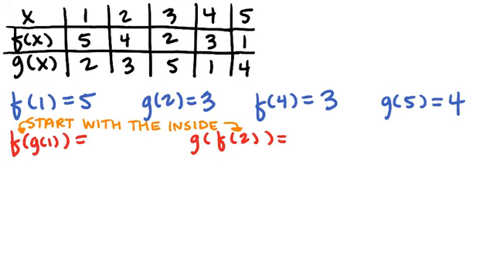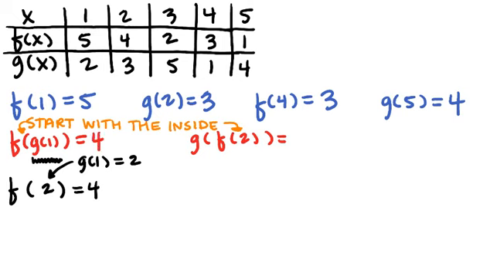That's going to be the first step. So g of 1 is equal to 2, so this is f of 2. f of 2 is 4. So you can conclude that f of g of 1 is equal to 4.